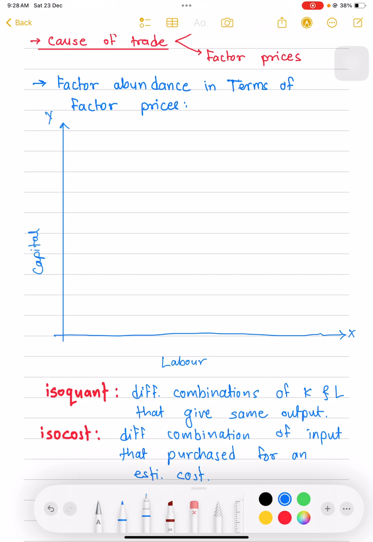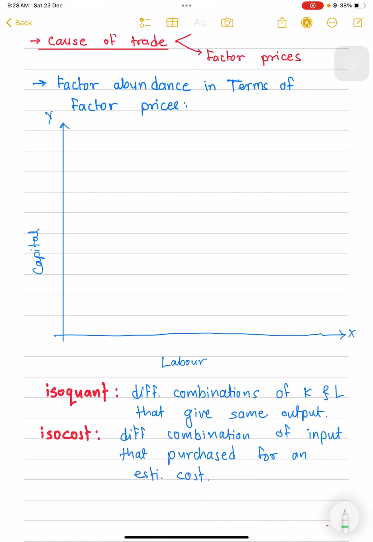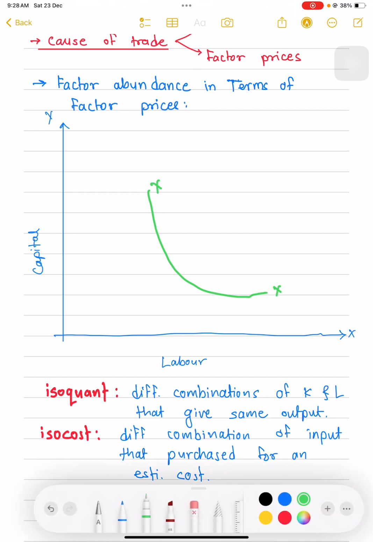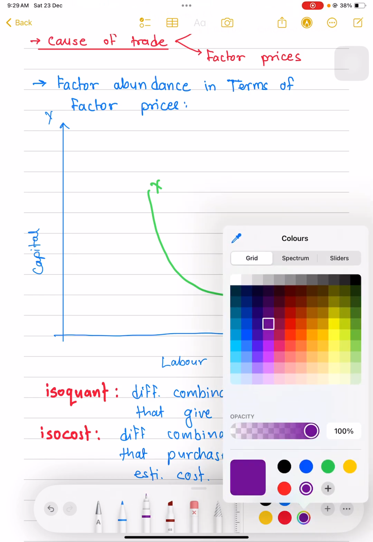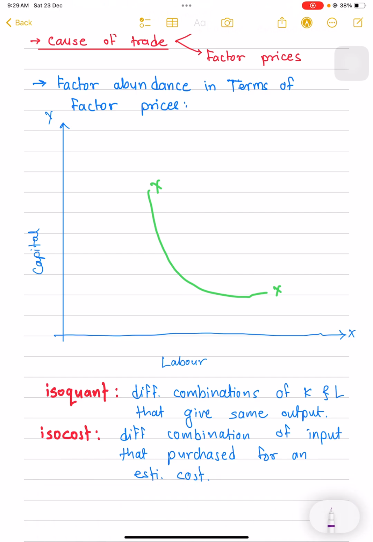Everyone understood? Now we will draw two isoquants, XX for commodity X, and I will use another color for YY for commodity Y. Simple. Now they are both similar for both the countries, for country A and country B also.